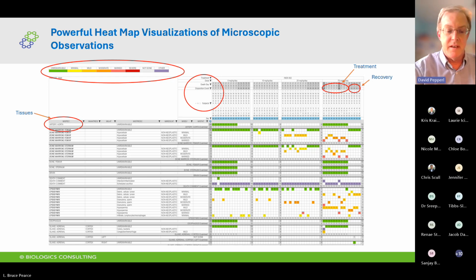Now, while this specific view really only shows a few tissues, what becomes immediately apparent is that while many tissues are unremarkable, indicated in green, the green boxes, you can quickly see where there are findings. And in this case, this is in both the bone marrow along the top left and the epididymis.